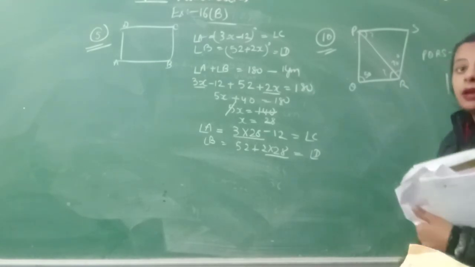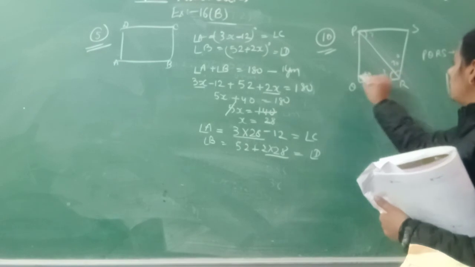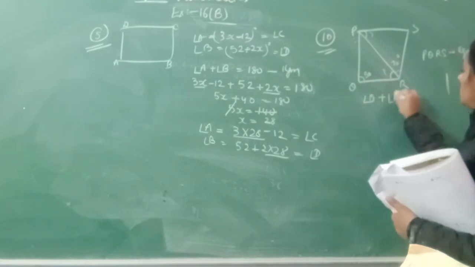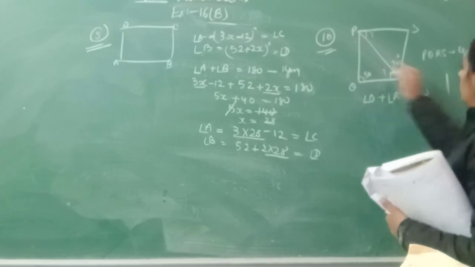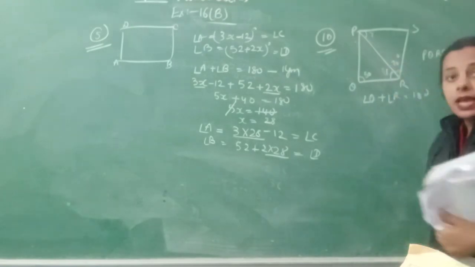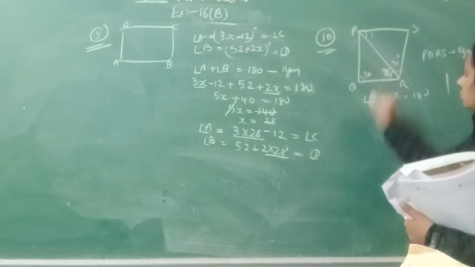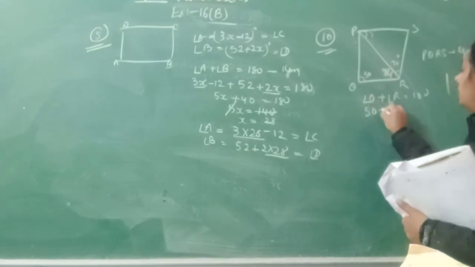parallelogram, and in a parallelogram the sum of adjacent angles is 180 degrees, and here angle Q plus R is equal to 180 degrees. I am writing this angle as X, whatever you want. So angle Q is 50 degrees.